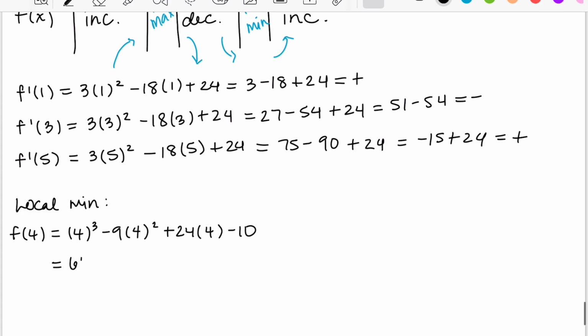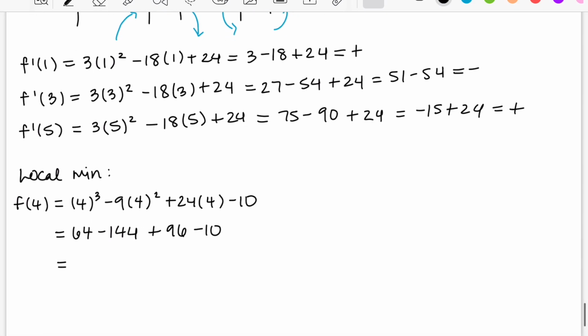We'll end up with 64 here minus 144 plus 96 minus 10. Right? And then this will end up being 6 here. All right, so our local minimum occurs at (4, 6).